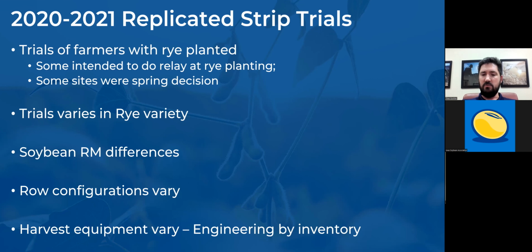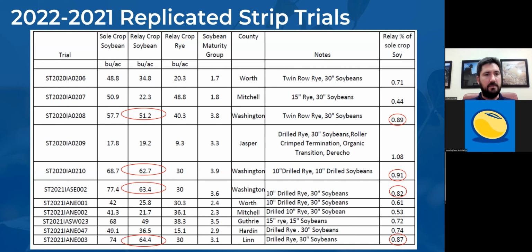So when we look at the yield results here, this is what came off of the combine yield monitor data, and it has all of these caveats built into it about what we've been able to do in the last 2 years. So, I've got a typo there: 2020 through 2021 trials. This is the table that shows it all. These are the summary of all of the replicated strip trials that have included a relay rye soybean and a sole crop soybean treatment, along with the maturity group, location, and some information about the row configuration for each of those sites.